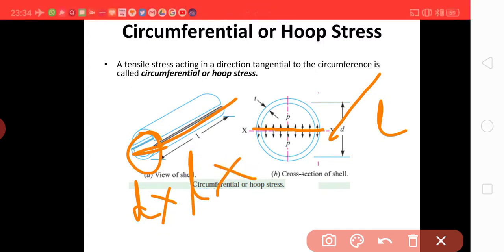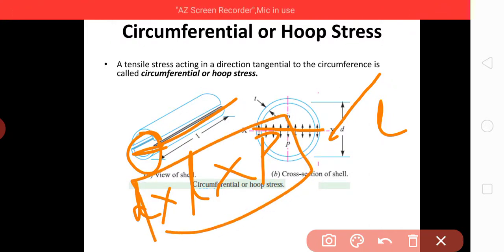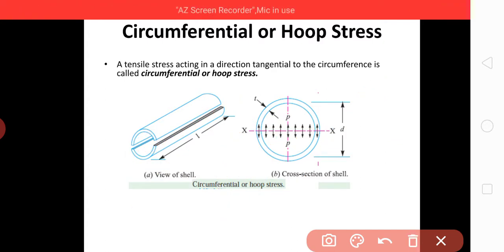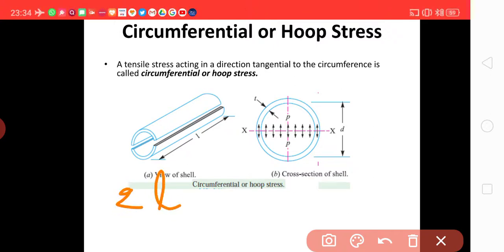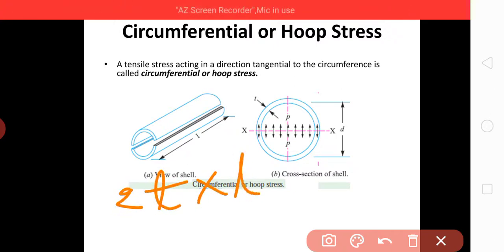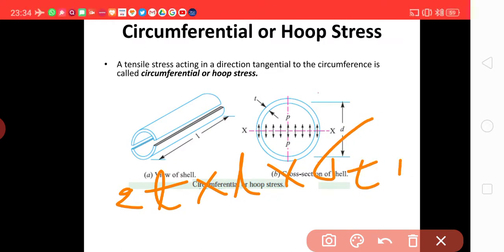If P is the pressure, then this will be the bursting force. The resisting force will be equal to 2 into thickness into length into sigma T1. Sigma T1 is the circumferential or hoop stress developed in this.